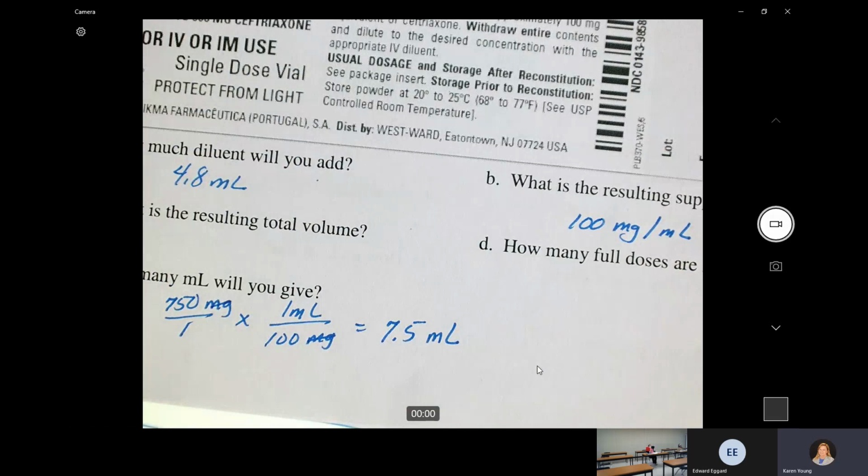Now it says how much diluent will you add? I'm adding 4.8 milliliters. Is there going to be enough to give the 7.5 milliliters? Think we might ought to check it? Yeah, let's check it.